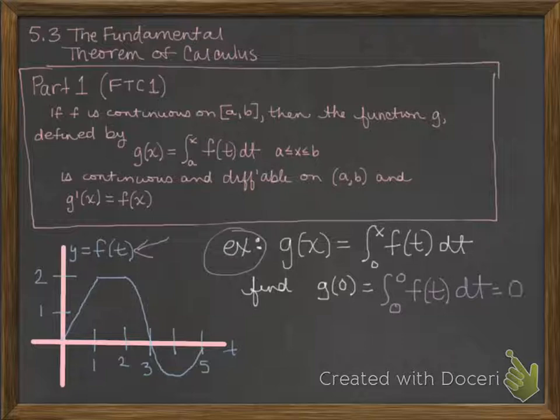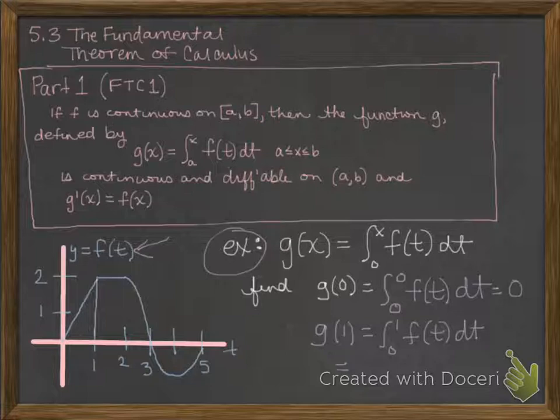That's easy enough. 0. Let's do a harder one, though. Let's do an easy hard one, g of 1. So let's look at the area under the curve from 0 to 1 of f of t dt.